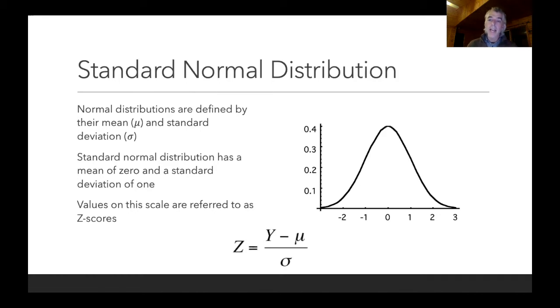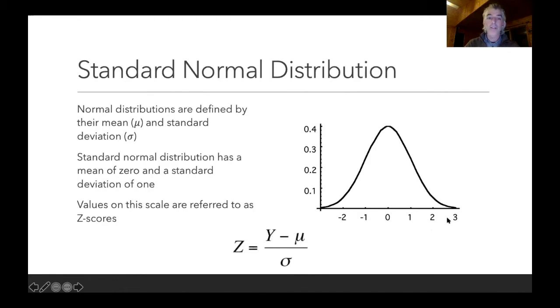And we can take any observation on any scale and convert it to z-scores by taking that observation, subtracting the mean value, and dividing by the standard deviation of the population.